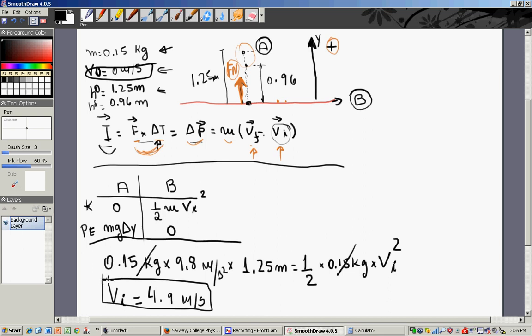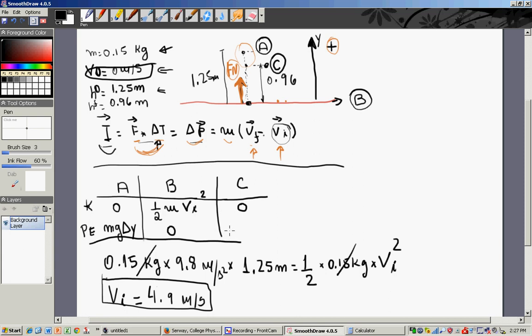So how do I find the final velocity, which means the velocity the ball has right after it collides with the floor? Well, I also use conservation of energy. I can extend to another column here and call this point C. And then ask the same question: what is the energy I have at C? Do I have kinetic energy at point C? No, because the ball stops. Do I have gravitational potential energy at point C?